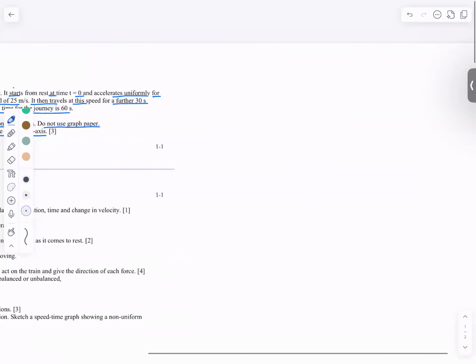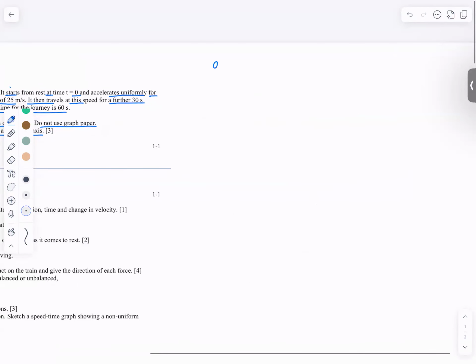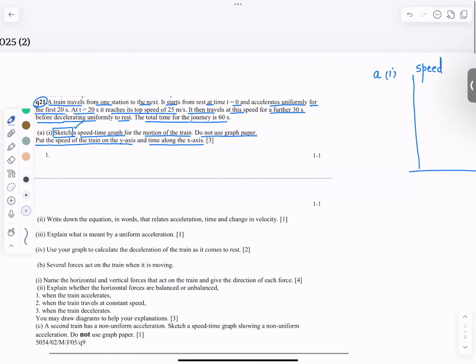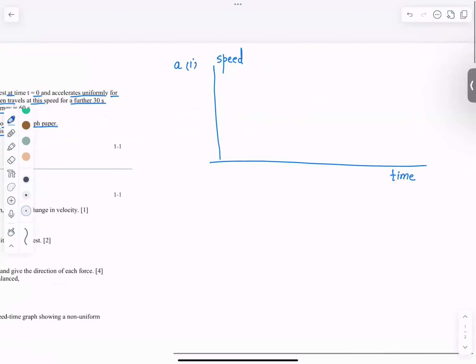Let's try that. This is part A, part 1. They want us to draw a graph of speed of the train against time. Initially, the train accelerates for how much time? The train accelerates uniformly for the first 20 seconds and reaches a speed of 25 meters per second.